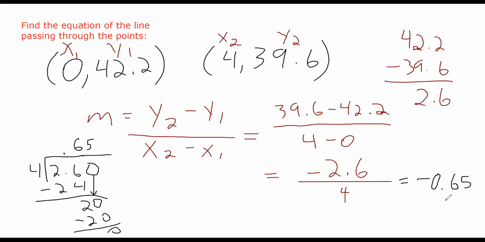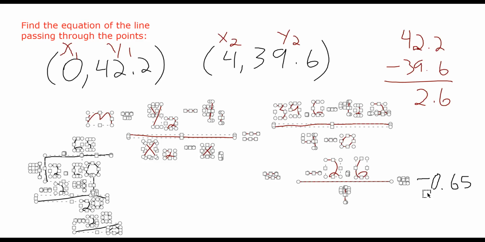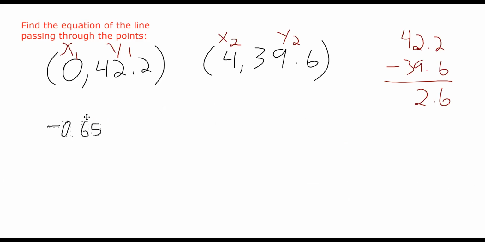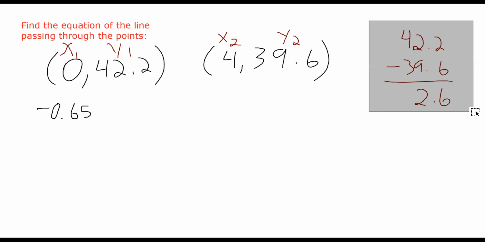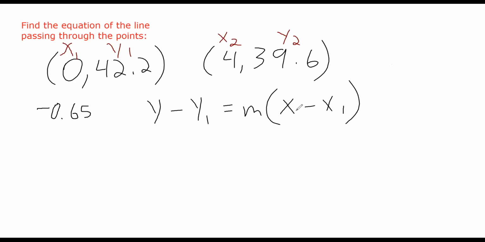So now what we're going to do is we're going to have this slope to our equation. Now we can use the formula to actually create the equation here, to create the equation of the line.